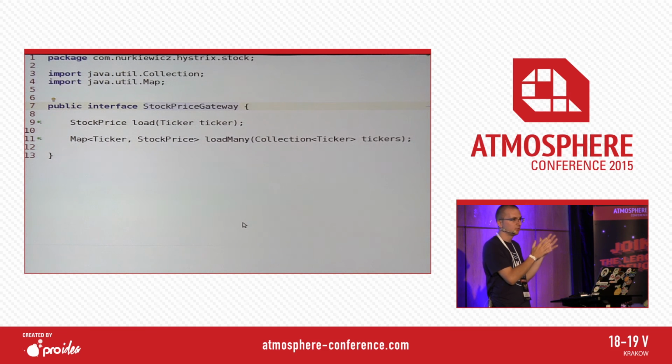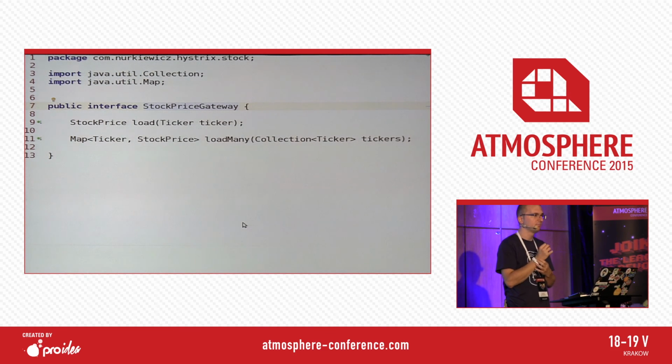So let's say, for example, one request asks for a person with ID 1, and a second request asks for a person with ID 2. And Hystrix can collapse these two requests and issue just one. And this obviously has an impact on latency, because we have fewer round trips to a database or to an external server.